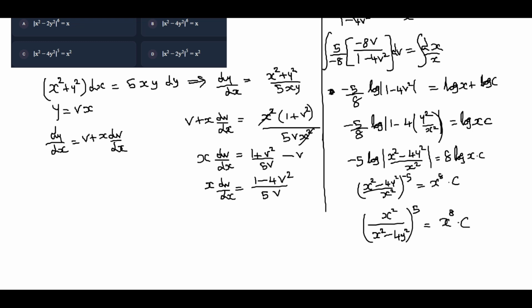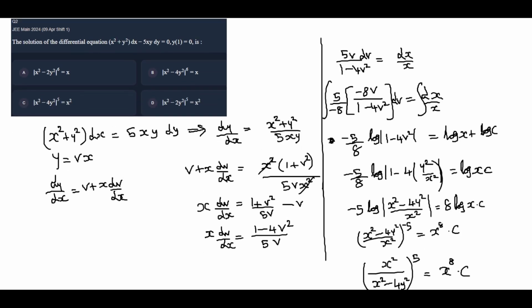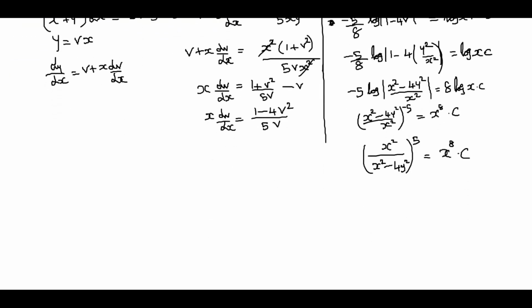Now using the condition y of 1 equal to 0, which means x equal to 1 and y equal to 0. If you substitute here, (1 by 1) whole power 5 is equal to c, which implies c equal to 1.